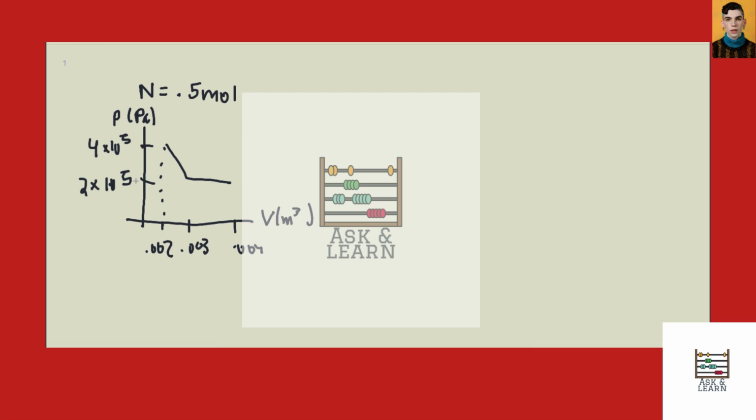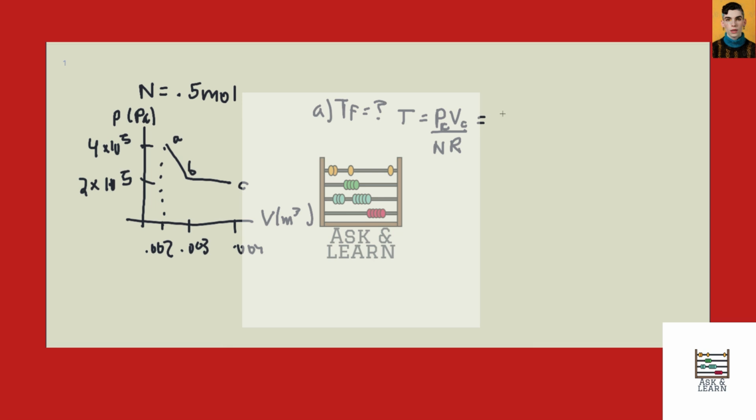Okay, so the first question asks to compute the final temperature. The great thing about a PV diagram is we have P and V, and we have the number of moles, so we can straightforwardly get the final temperature using the ideal gas law. If you rearrange the ideal gas law, you get T in general is equal to PV over nR. I'll put a subscript C because this is all at C, and n and R stay the same, so I will not put subscripts on those.